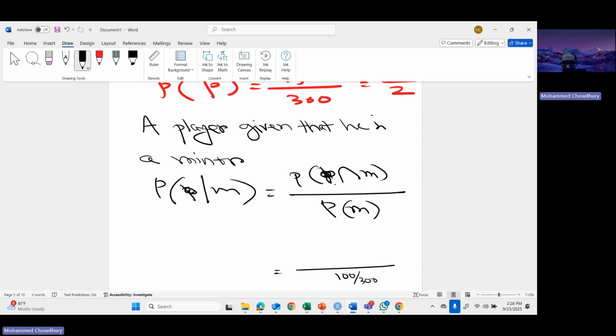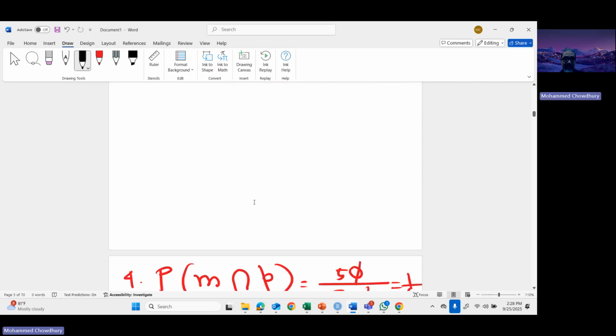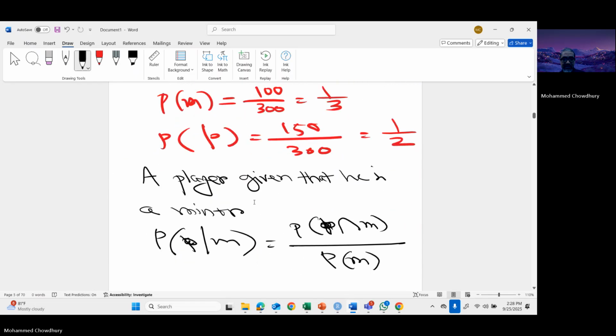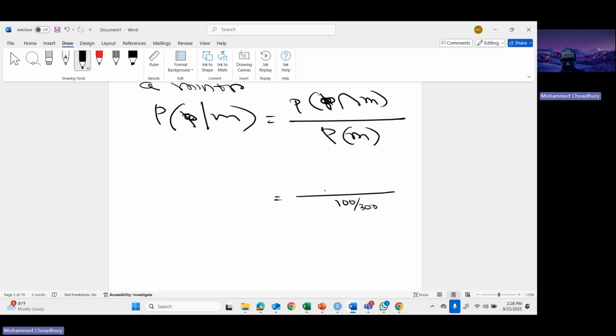So player and minor equals what? Player and minor is 50, 50 over 300. So that means half. This is the conditional probability.